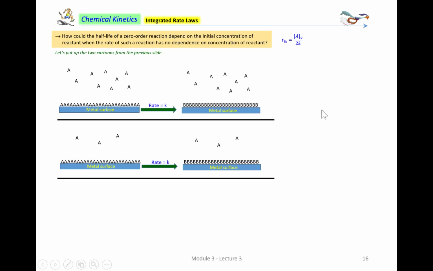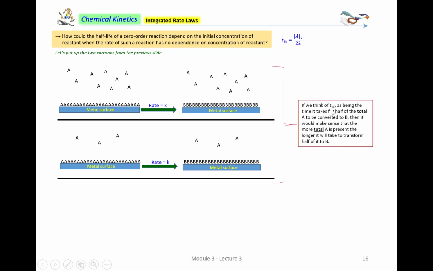If we think of the half-life as being the total time it takes for half of the total A to be converted to B, then it would make sense that the more total A is present, the longer it will take to transform half of it to B. So if we start out with more total A, as on the top, then it's going to take longer for this metal surface reaction to turn all of the A to B, because there's more A to turn.